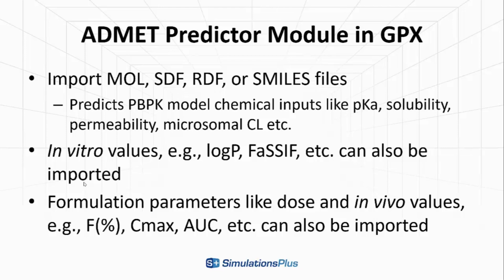With this module, one can also input in vitro values. So if in vitro values such as log P or FaSSIF, etc., are in the input file, those can also be read in and used in simulations. Formulation parameters like dose and in vivo values such as oral bioavailability, Cmax, and AUC can also be imported with the records.